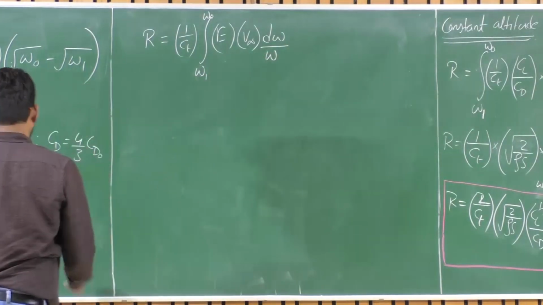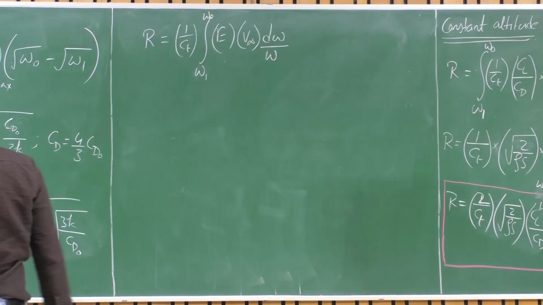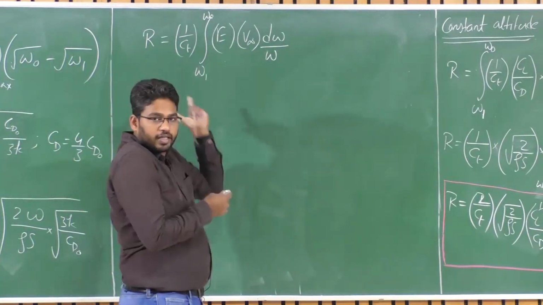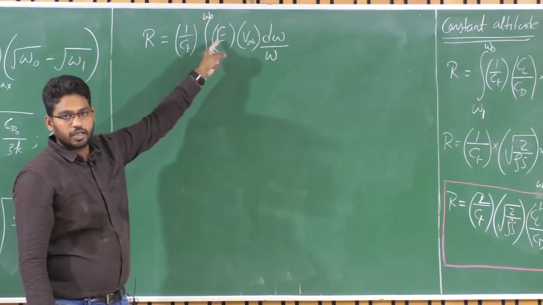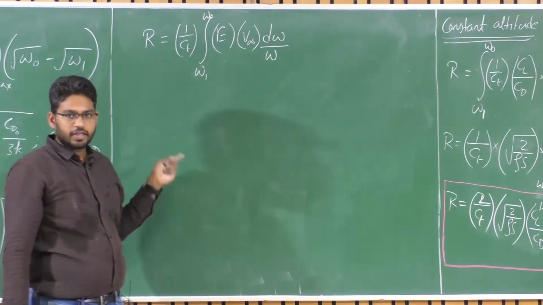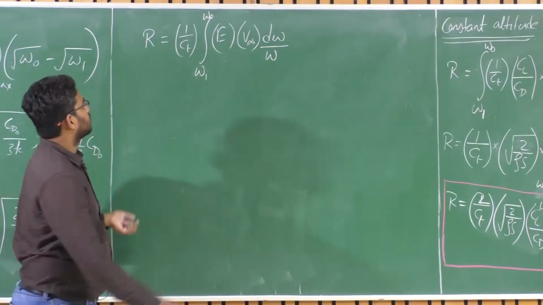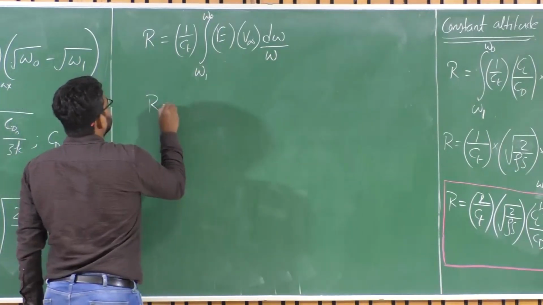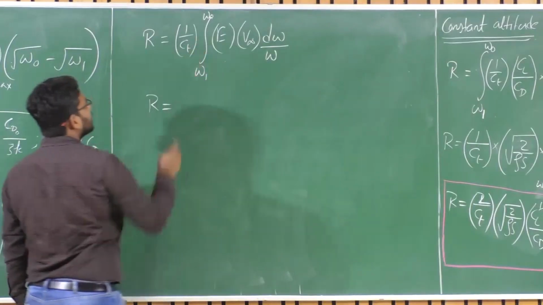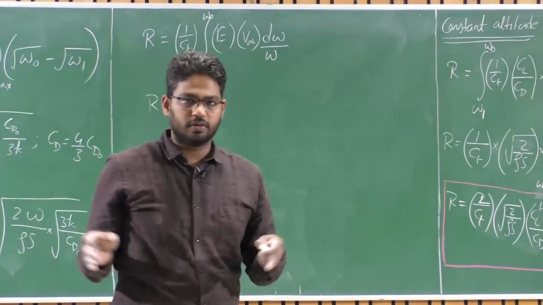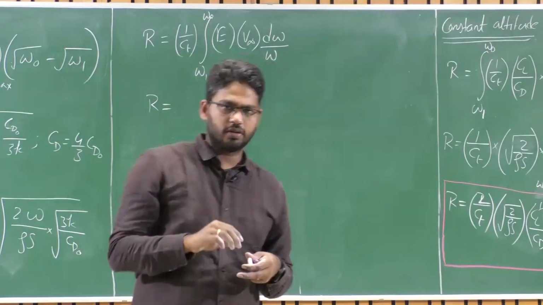If I take V infinity constant, so L by D is constant, we know that. L by D at a given angle of attack is constant, that's the assumption we have. And Ct at a given altitude is constant. So we don't consider the Ct variation, we assume it as independent of altitude here, that small change in the altitude.